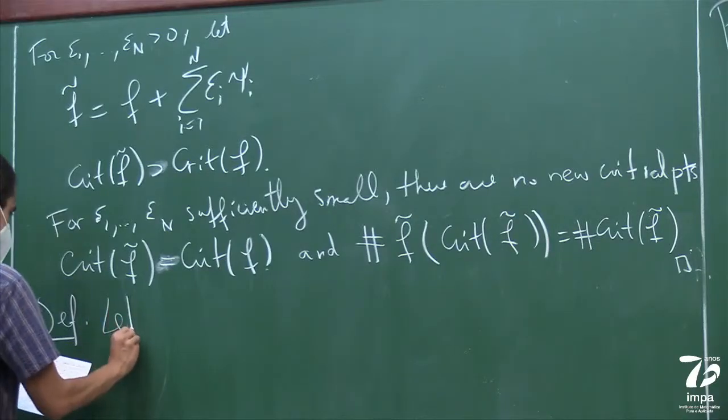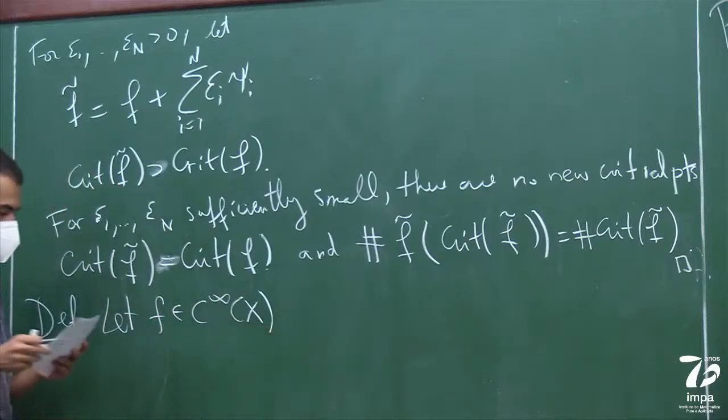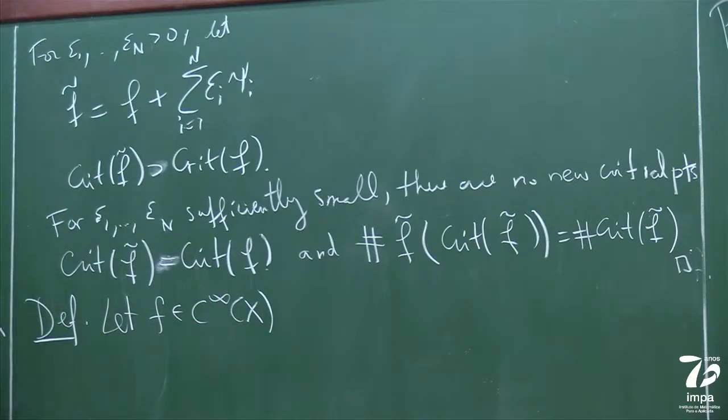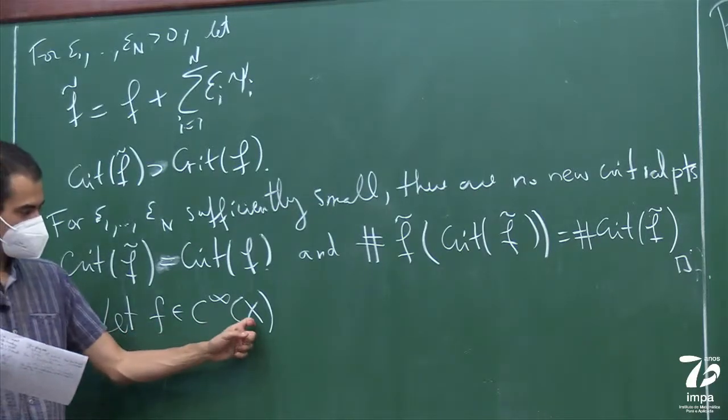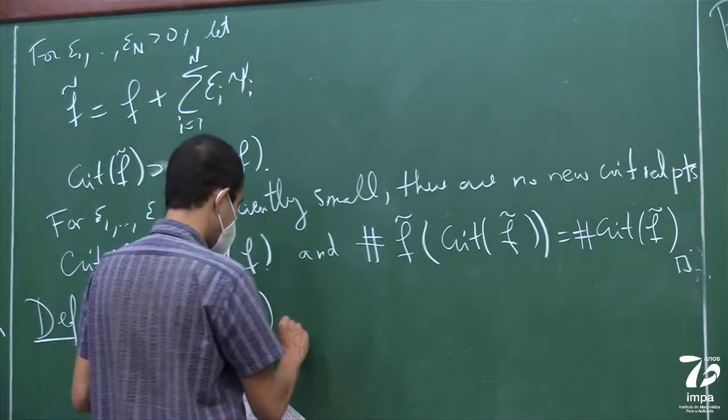So let f be a function. When I write a function like this, I always assume that X is compact, possibly with boundary.